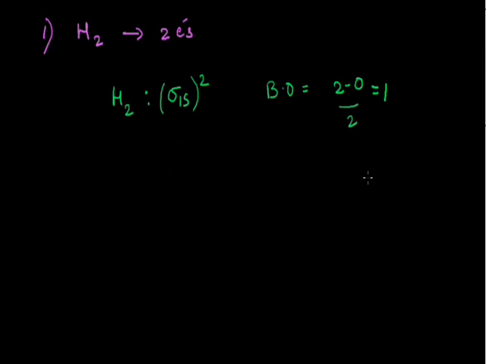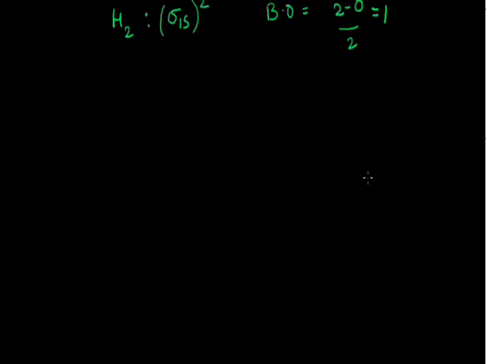This bond order can be better understood with the help of the energy level diagram we can make for hydrogen. We make the energy level diagram for hydrogen where one atomic orbital of hydrogen is represented and then the molecular orbitals of hydrogen molecule are represented as follows.